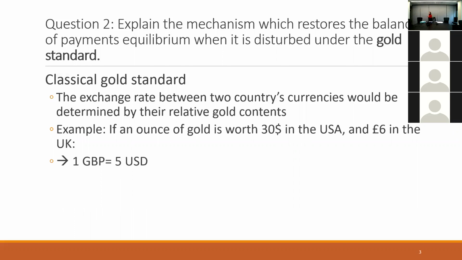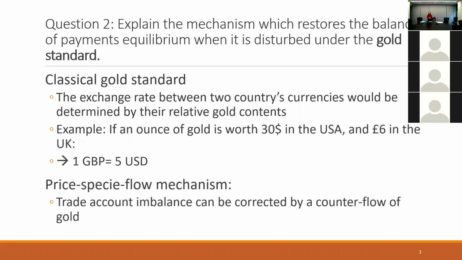So that means 30 US dollars would be equivalent to £6, yeah? So if I want to work out the exchange rate between the pounds and the US, it will follow a 1:5 ratio, right? Which means that for every pound, it should be equivalent to 5 USD due to their relative gold content, right?